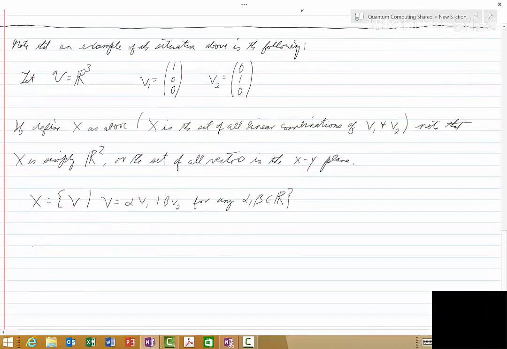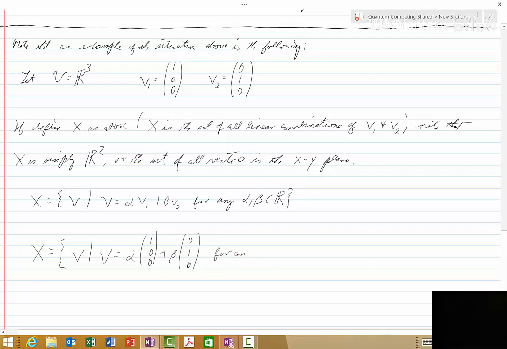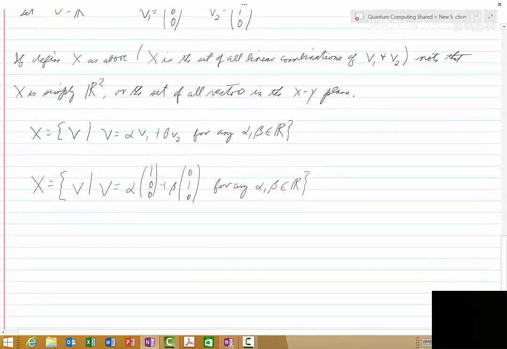So in this case, X becomes the set of all v such that v is equal to alpha times (1, 0, 0) plus beta times (0, 1, 0) for any alpha and beta that are real.